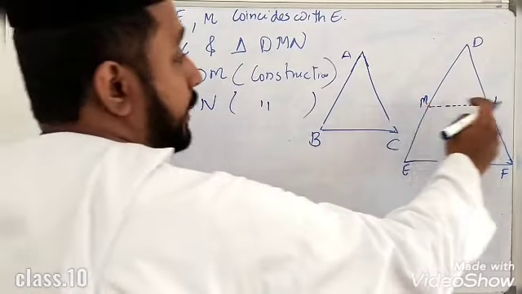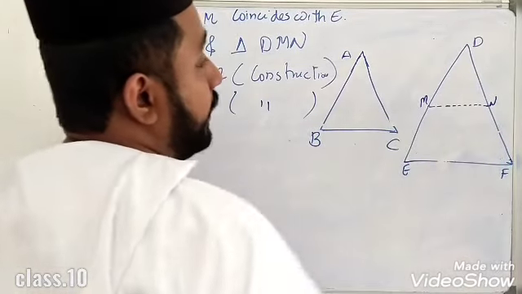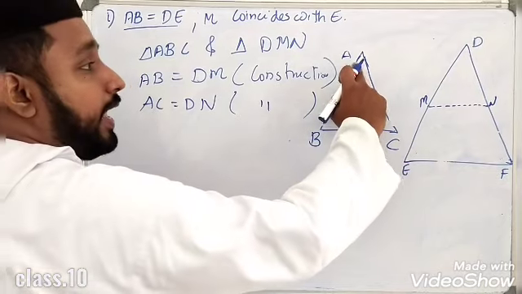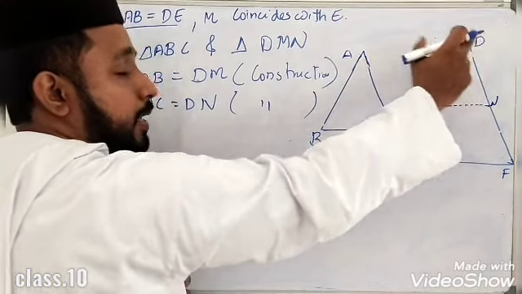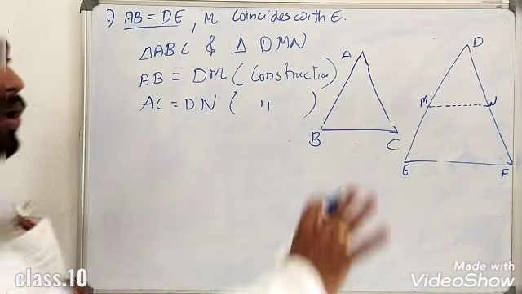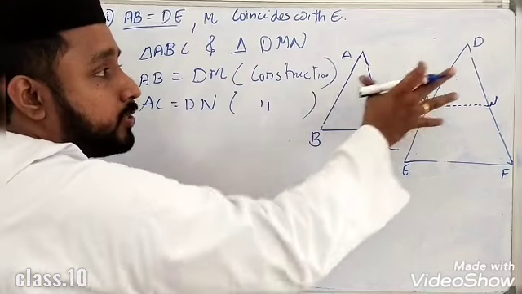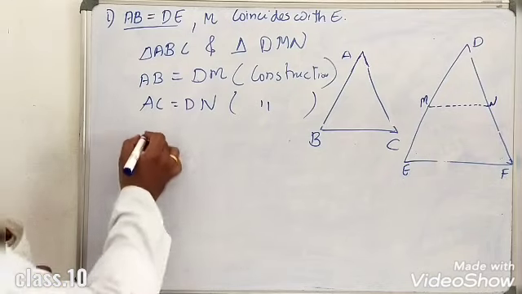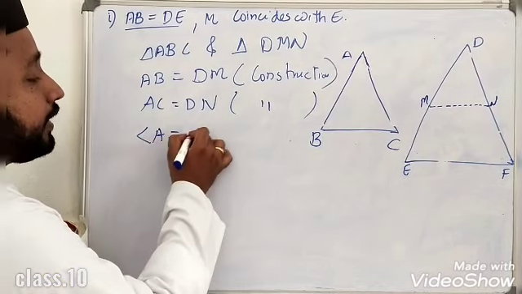We take M and N such that AB is equal to DM and AC is equal to DN by construction. Then angle A is equal to angle D. Look at this angle. By the statement of the theorem, all angles are equal in the two triangles. So by the statement, the given thing, angle A is equal to angle D.